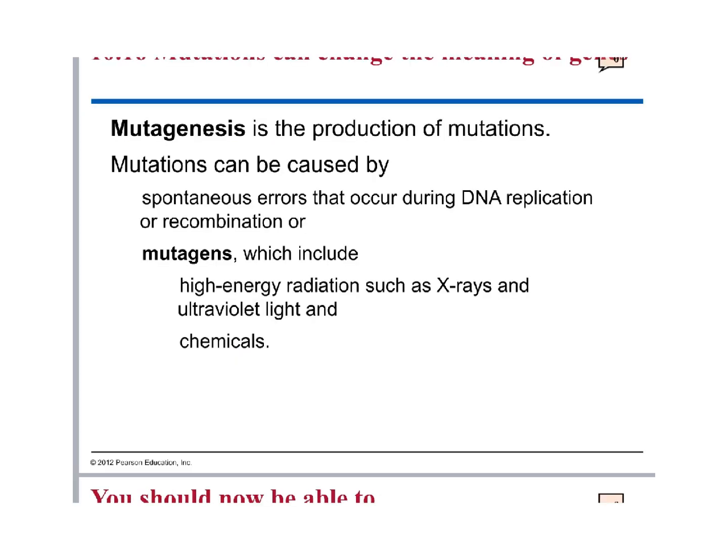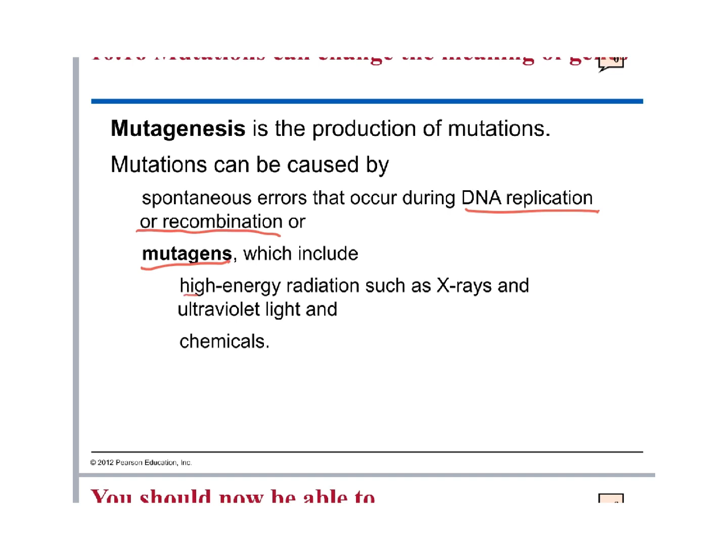So the word for the production of mutations is called mutagenesis. Mutagenesis can occur in a number of ways and can be caused sometimes by just spontaneous errors that occur during DNA replication or recombination during meiosis. Anything in the external environment that causes a mutation is what we refer to as a mutagen.